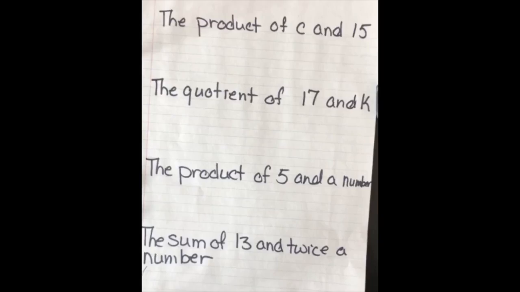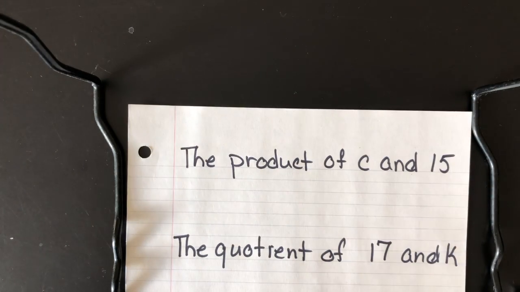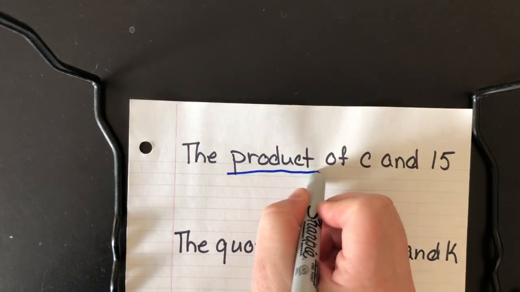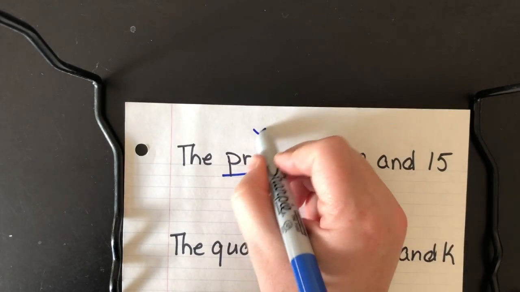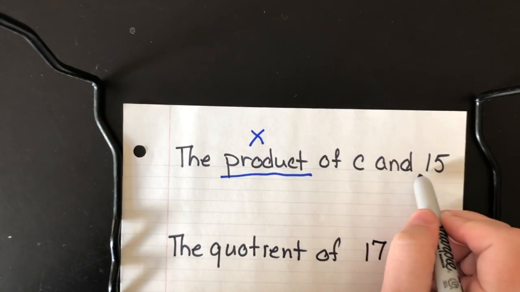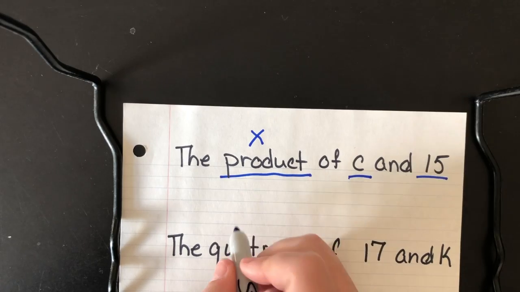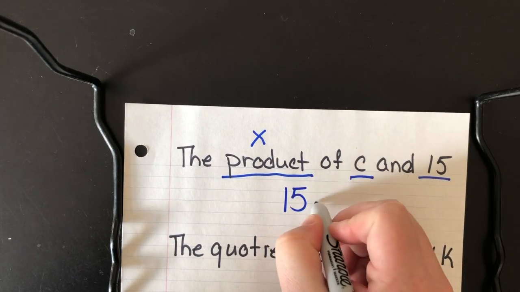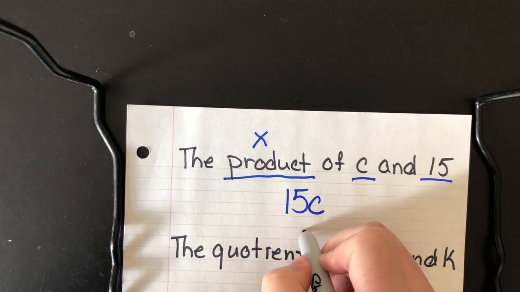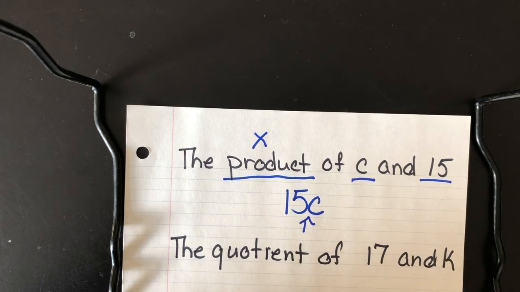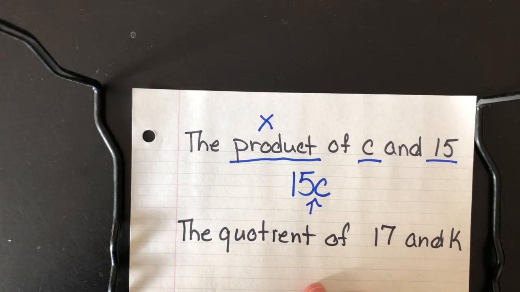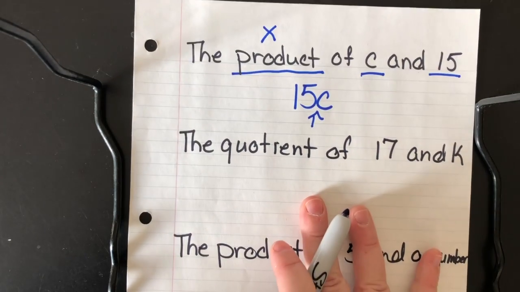The first one is the product of C and 15. Product means to multiply. So I'm taking my 2 terms, 15 and C, 15C. And remember, if there's no sign, it means to multiply. That's my algebraic expression for that one.